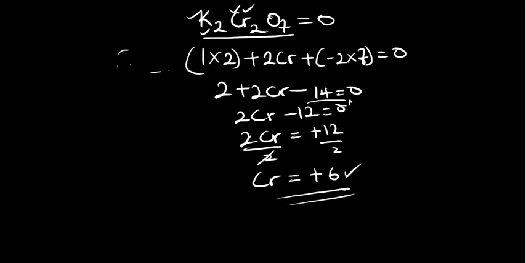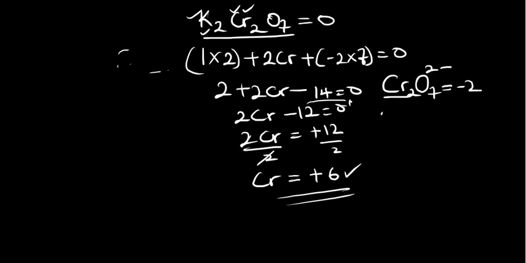But if you are given a question like Cr2O7 2-, and they ask you to find the oxidation number of chromium, since this ion carries a charge, this is how you will do it. It will equal -2.